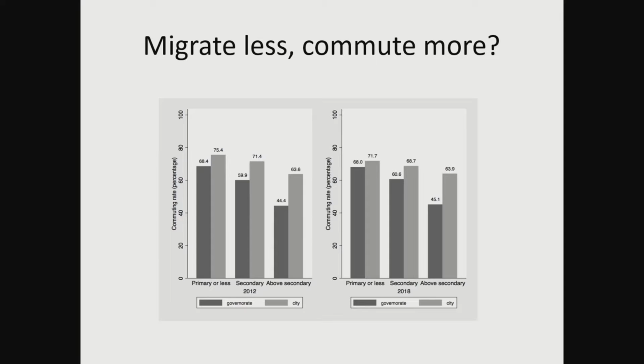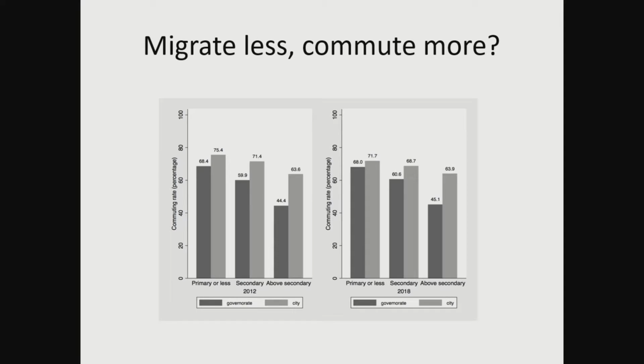We thought a little bit to see what could explain this low migration, and we thought maybe it has to do with commuting. Maybe people just migrate less because they commute more. And we tried to look at that by education level, because of course one would expect commuting and migration rates to vary across education levels.